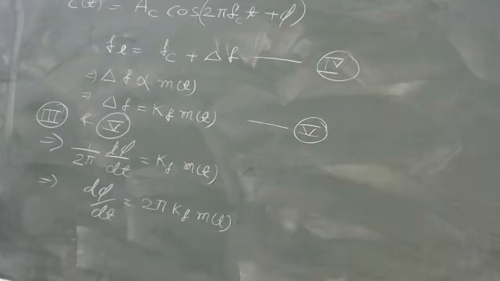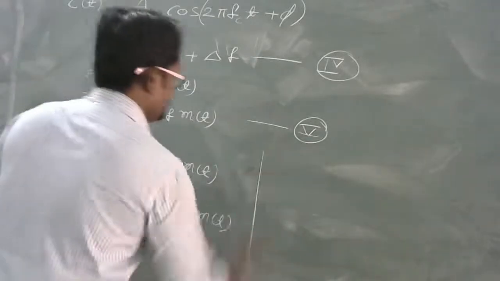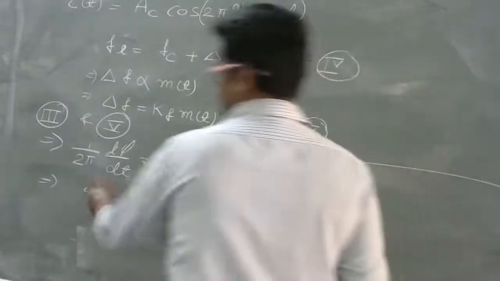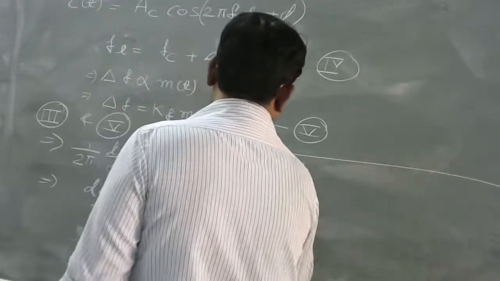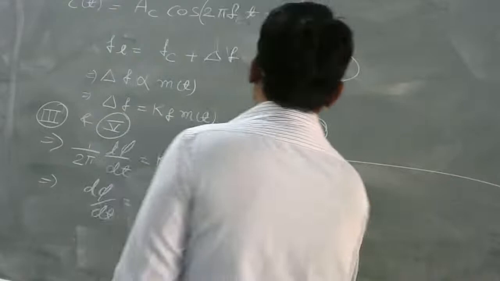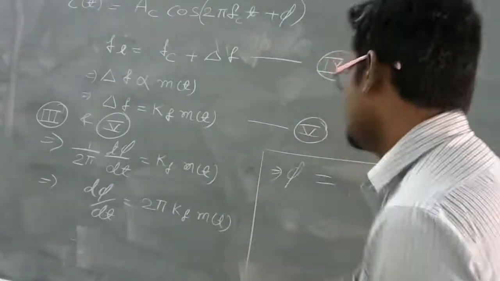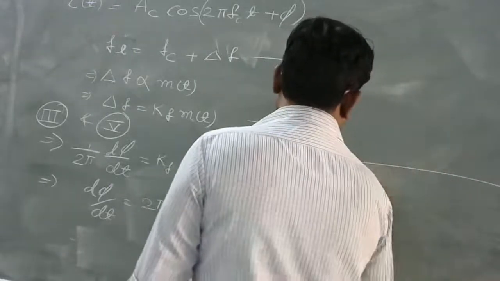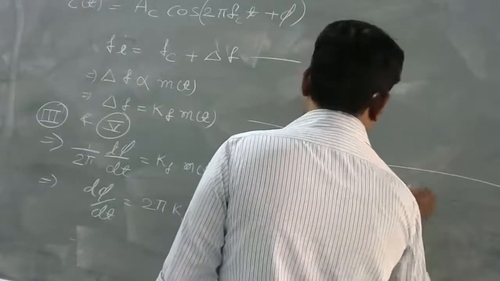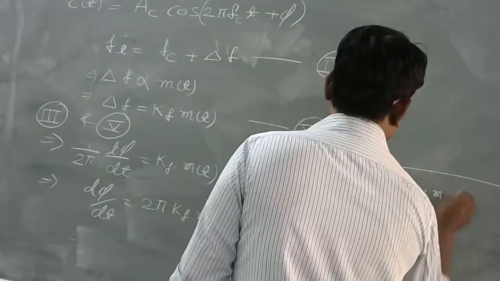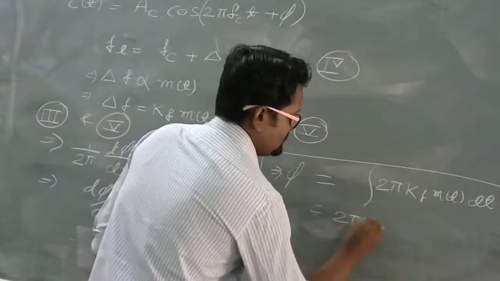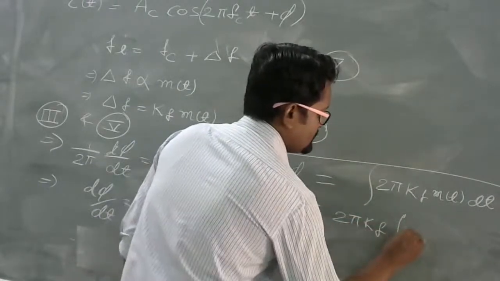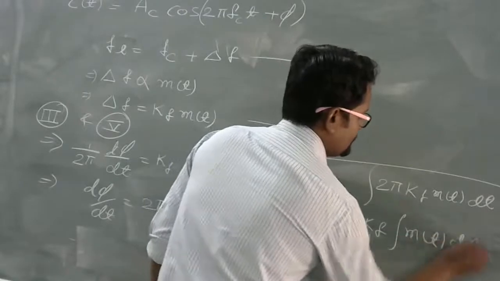Now, if we integrate both sides, we will get phi equals the integration of 2 pi Kf into m(t) dt, or 2 pi Kf times the integration of m(t) dt.